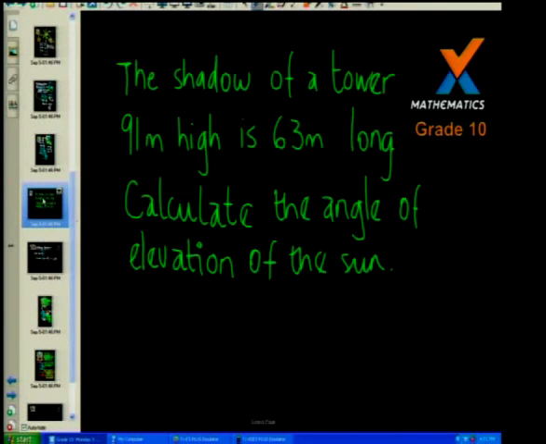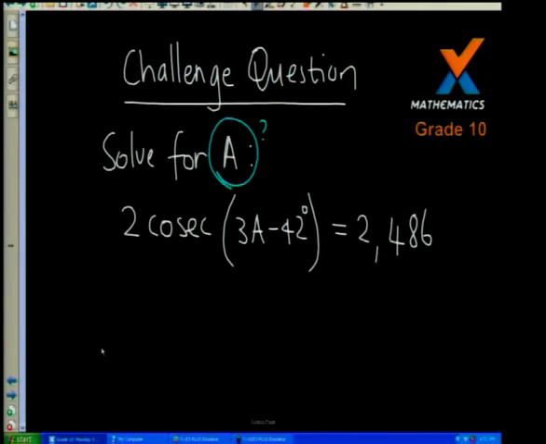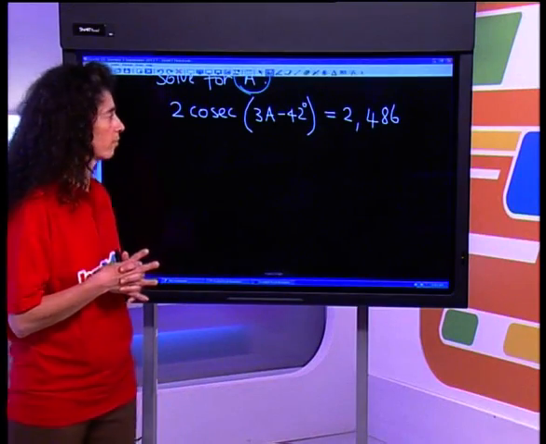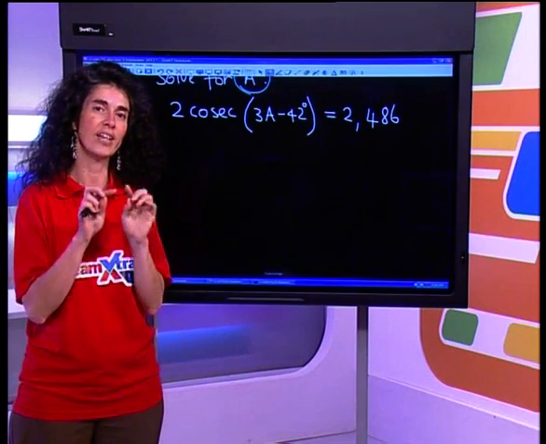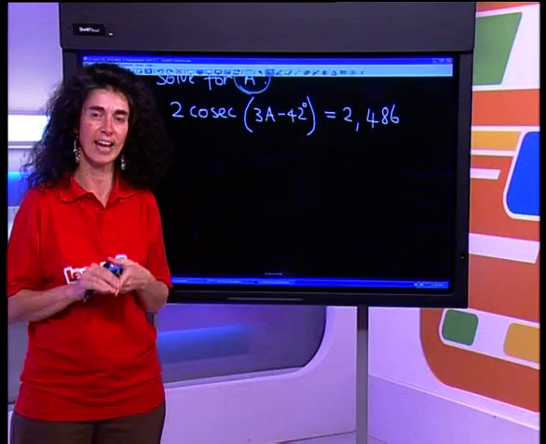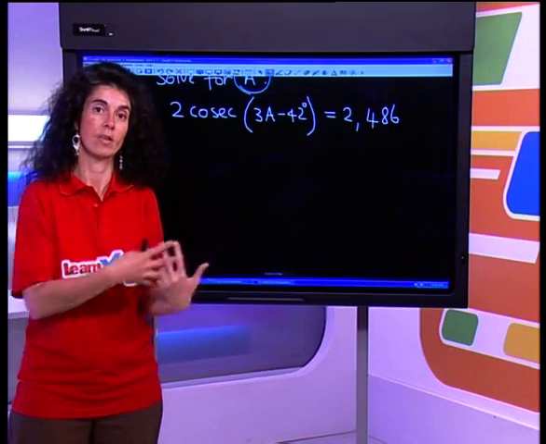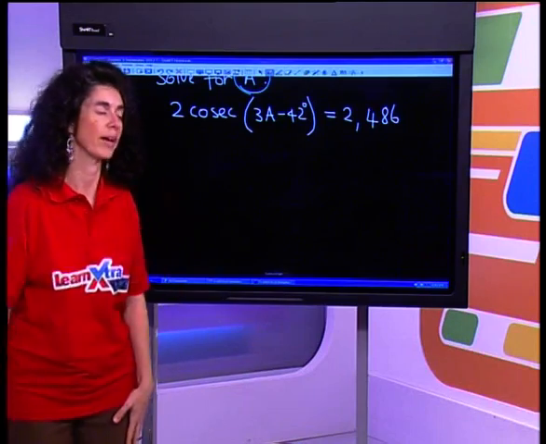Okay? And while you're busy with that, the rest of us will be doing the challenge question, what is the value of A? Very interesting is that with this equation, we're sitting with that cosec, and we know that the calculator only has angle buttons for sine, cos, and tan. So our job is to, first of all, rewrite this equation in a different format, meaning the same, but in a different format.